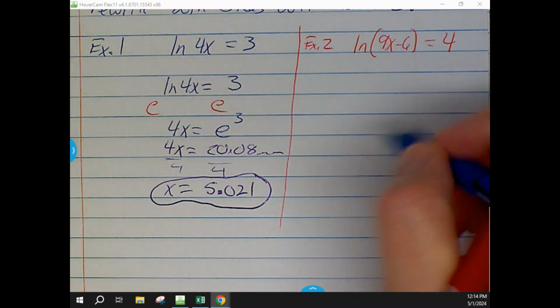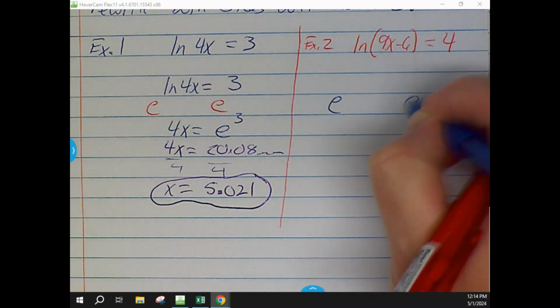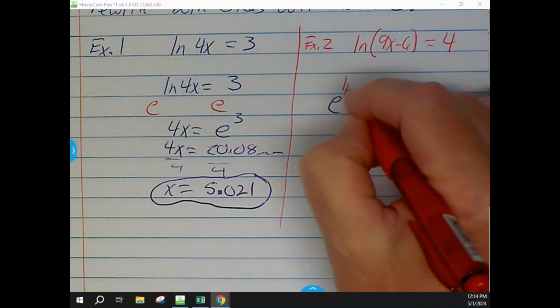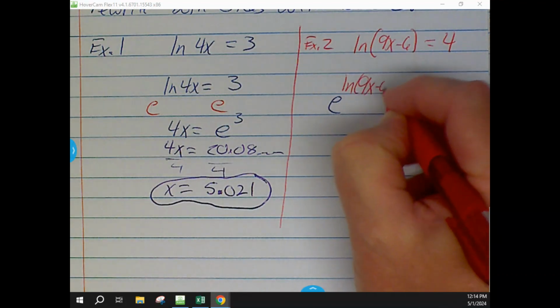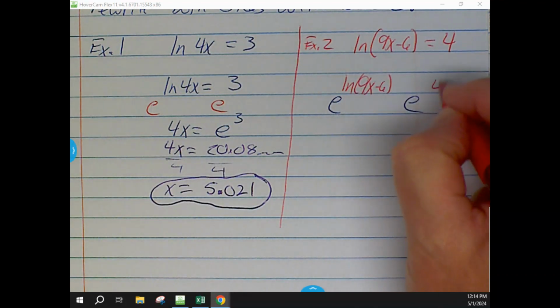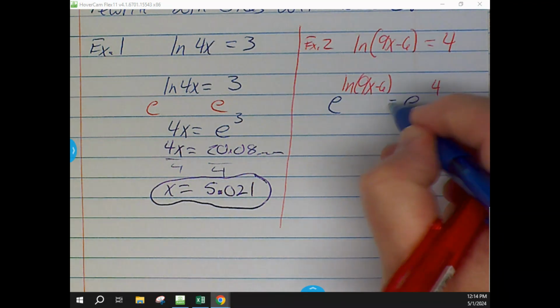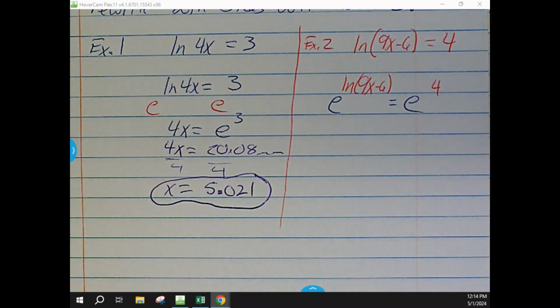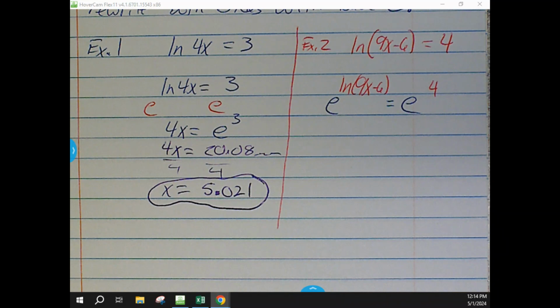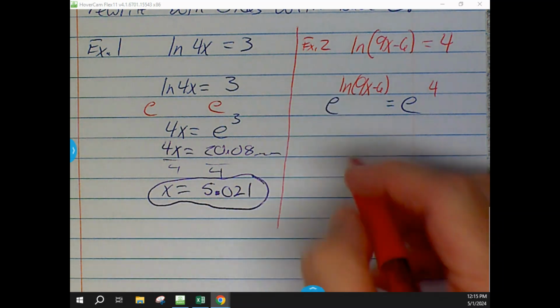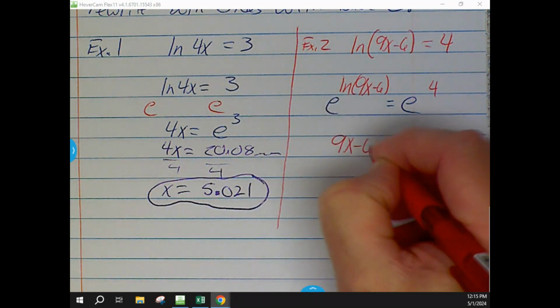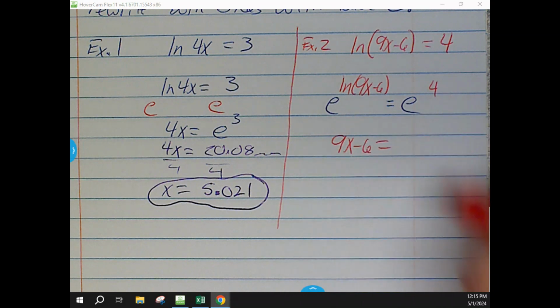We're going to take this problem we've got. We're going to use e for the base. And we'll set those two things equal to each other. Okay, again, over here, the e and ln knock each other out. Gives you the 9x minus 6. Go ahead and do e to the 4th.